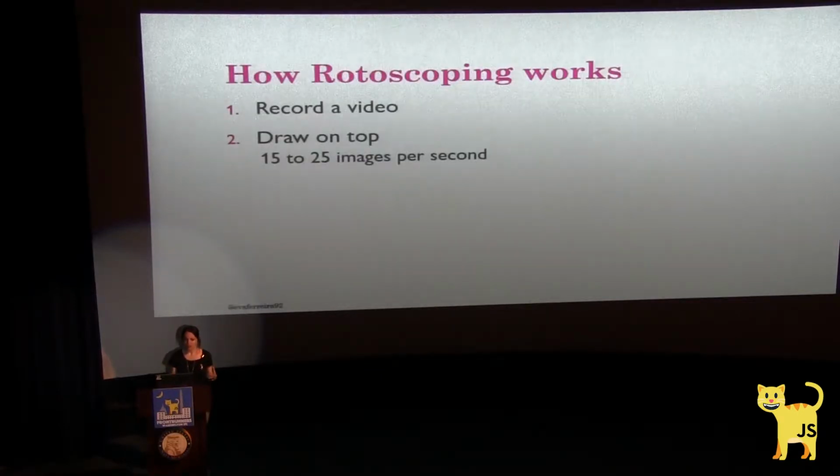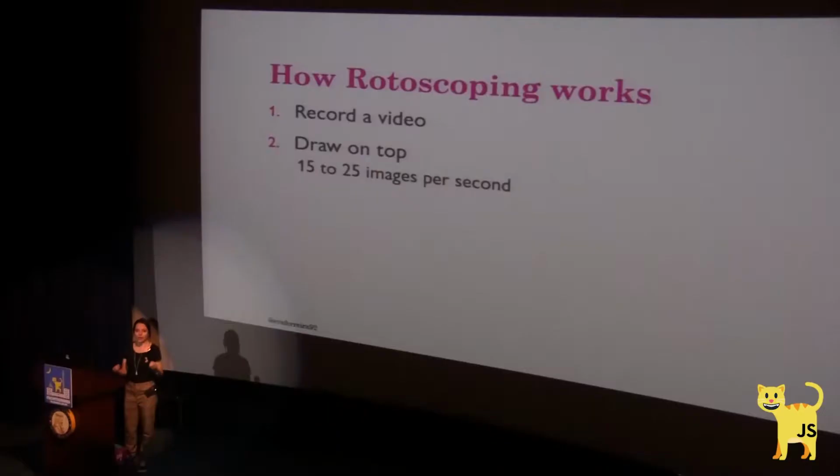The way rotoscoping works is the following. We record a completely normal video, maybe someone walking around the street, and then we begin to draw on top. We draw around 15 to 25 images per second. That is a lot. It takes a lot of time, and it's usually just scratches around. It's not necessarily the best drawing you will ever make, because basically it doesn't matter.